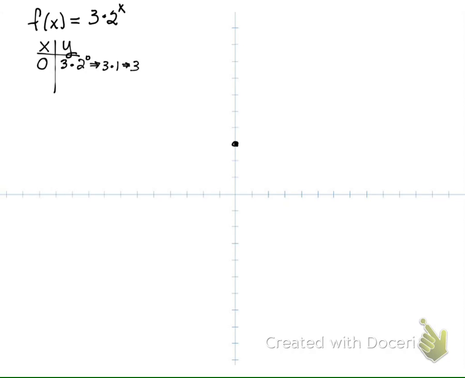So we plot that point. And 1's also easy because anything to the 1 power is itself. So 3 times 2 to the 1 power, that would be 3 times 2, which is equal to 6. So then I plot the point (1, 6).